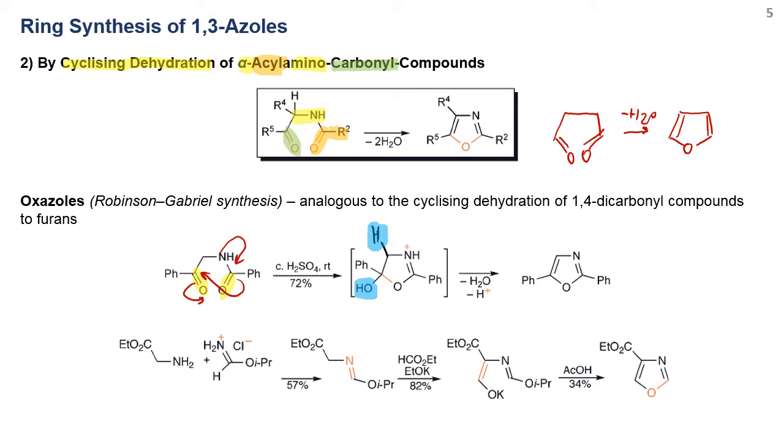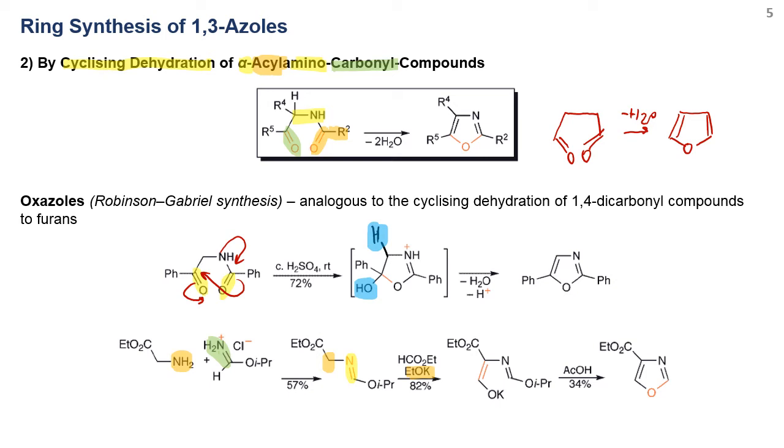You may start from scratch. For example, in the second example, you can use the amine to react with this iminium ion to form the imine. And then under basic conditions, you can remove the proton here to make it nucleophilic.